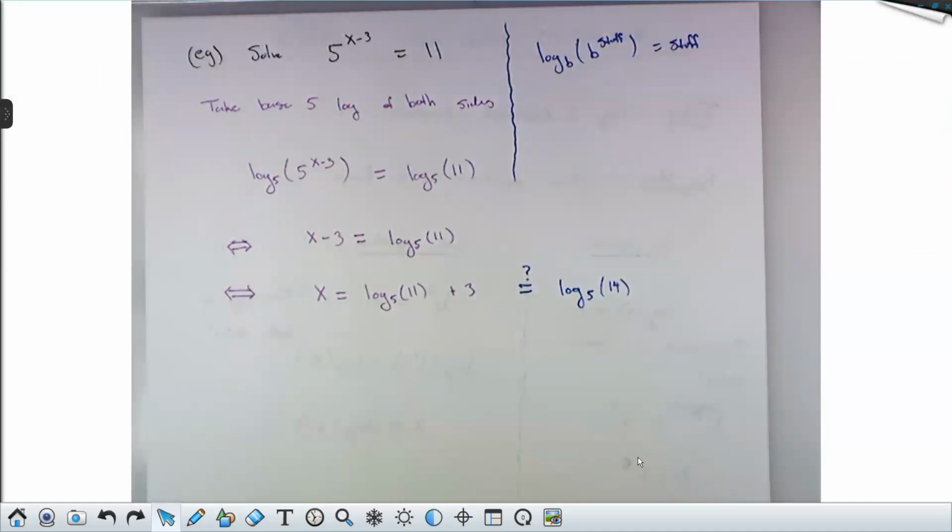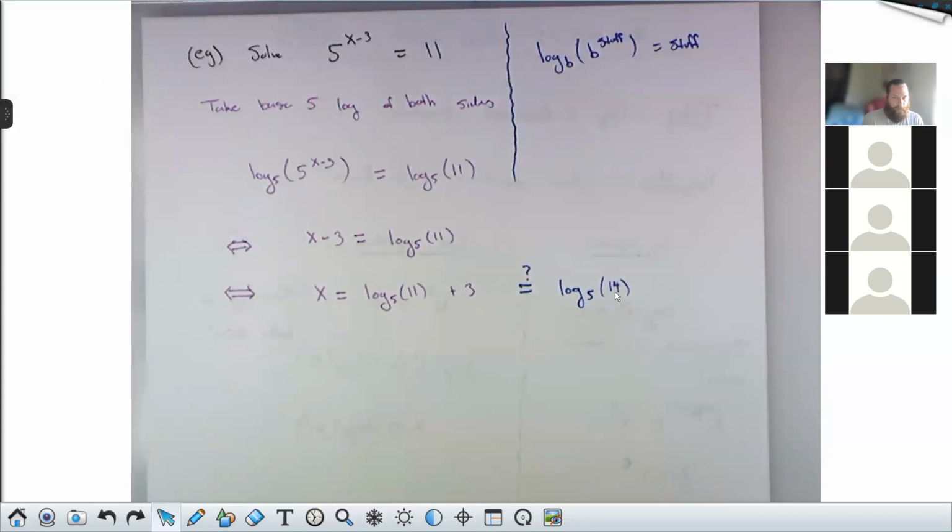No, that's correct. This is not the same. And you remember I talked a little bit last week about how important it is to put parentheses around the inside of the log? This is why. It's very easy, if you didn't write these parentheses, to think that the 3 is being added inside the logarithm, but it's not.